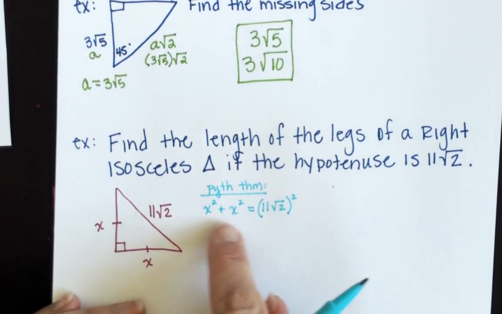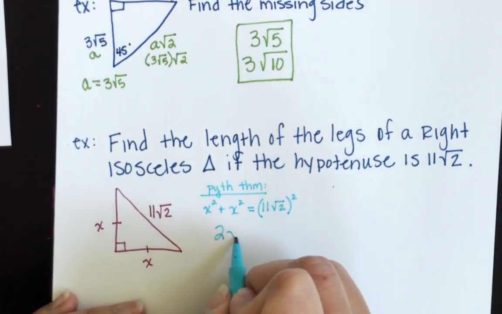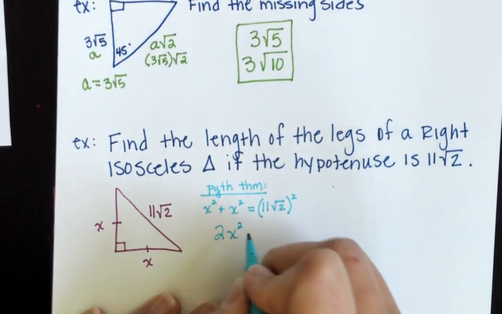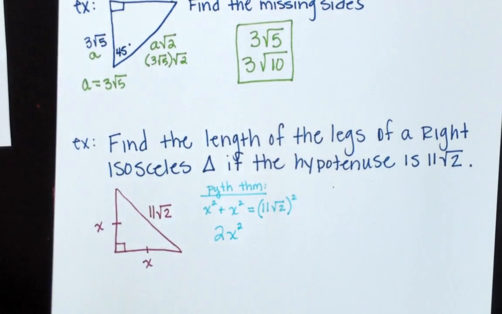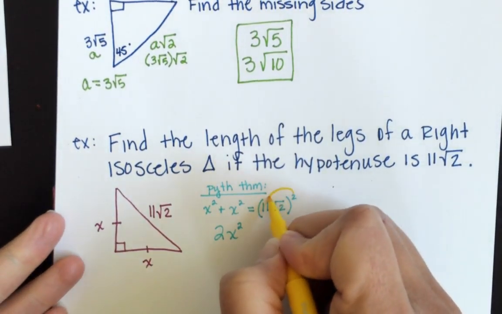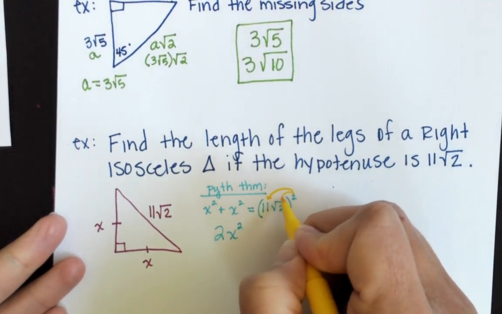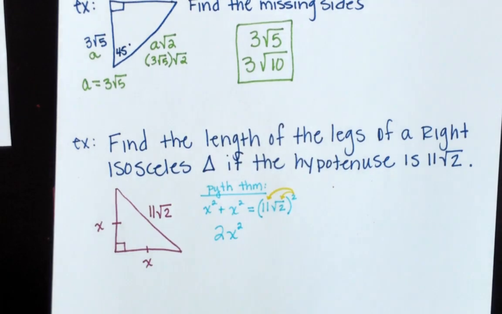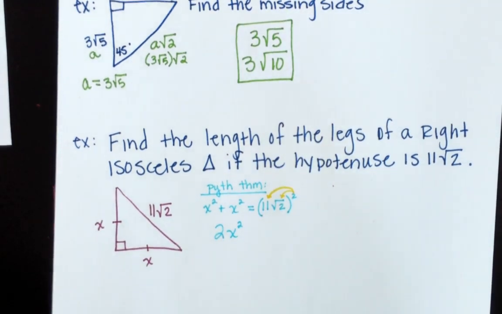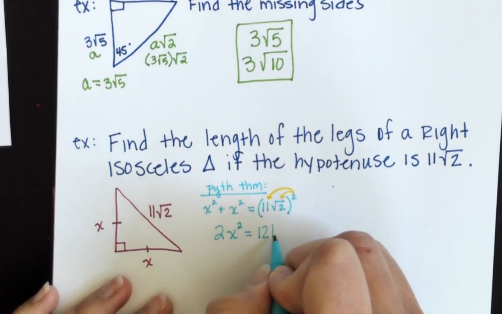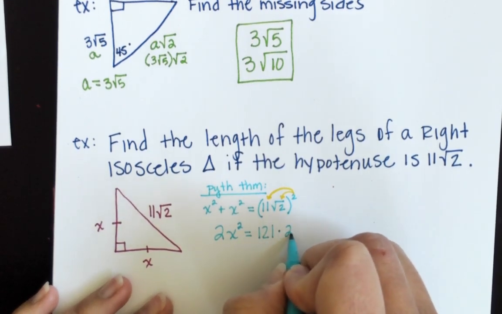I have 2 x squares added together there. So 2x squared equals, and what I want to keep in mind here is that I have to square the 11 and I have to square the radical 2. Okay, those are those things we bring back from Algebra 1. And what we end up with is 121 times 2.